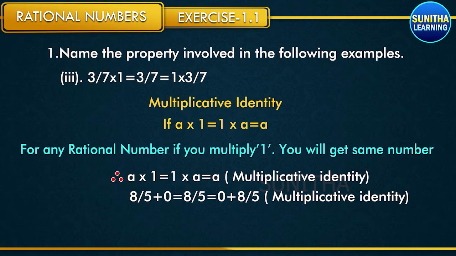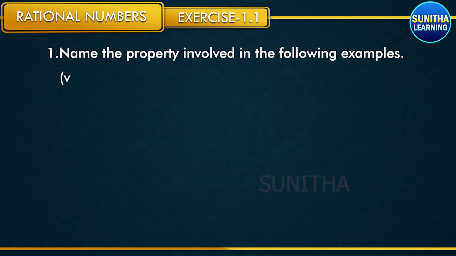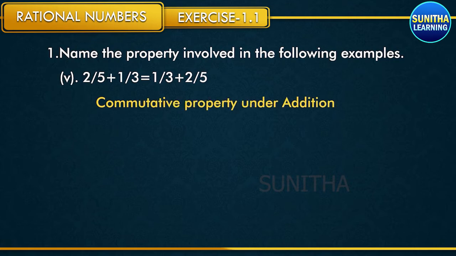Now the next question is the fifth one. Look at the fifth one. 2 by 5 plus 1 by 3 is equal to 1 by 3 plus 2 by 5. Clear? Yes. So here is the sum of two rational numbers, and even if we change the order of the rational numbers, the LHS is equal to the RHS, that we have already discussed. So what is the property?